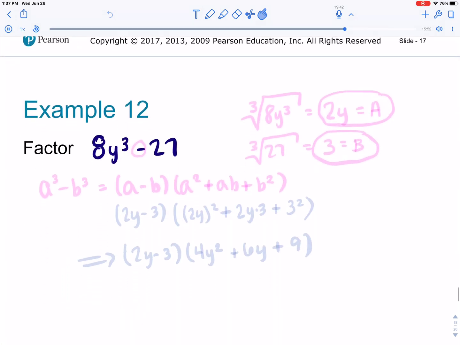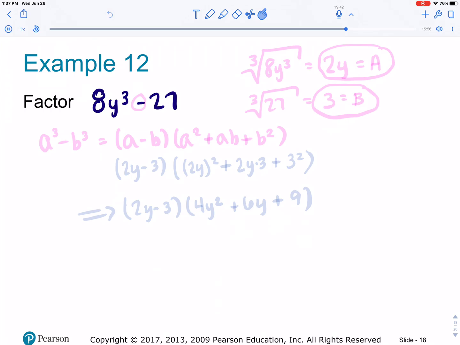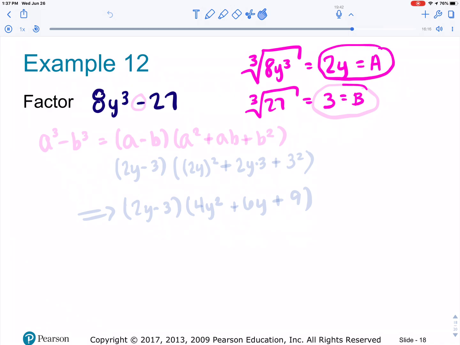Okay, so here's another one. What I'm doing is thinking to myself, the cube root of 8y to the third is 2y. And the cube root of 27 is going to be 3. So that's going to be my a value, and that's going to be my b value.